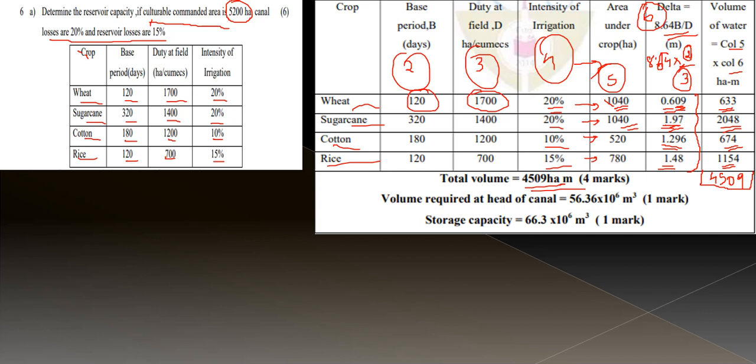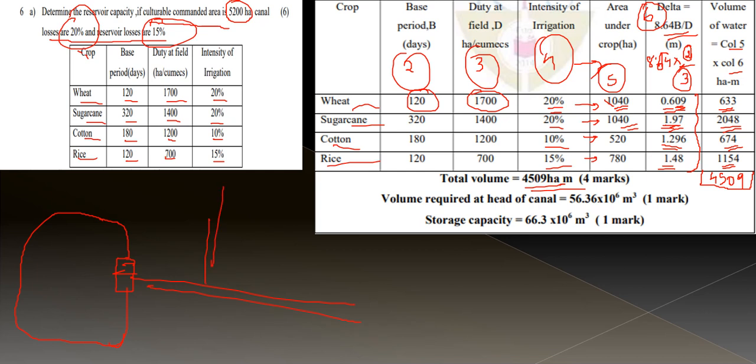So now we have to incorporate the canal losses and reservoir losses. In a similar manner that we did in the previous question, we are going to find out the water required in the reservoir. This is a dam, and this is a canal system.